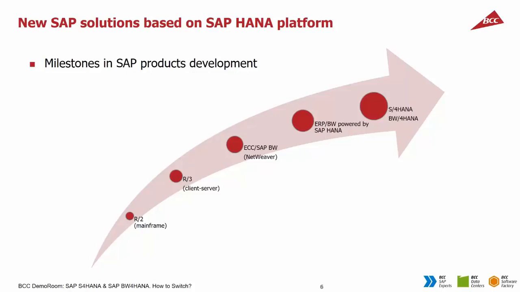For example, Java Stack was something new added with this version. And now SAP is introducing new products, SAP ERP and BW powered by SAP HANA as the intermediary step, and S/4HANA and BW/4HANA as the entirely new, brand new products.